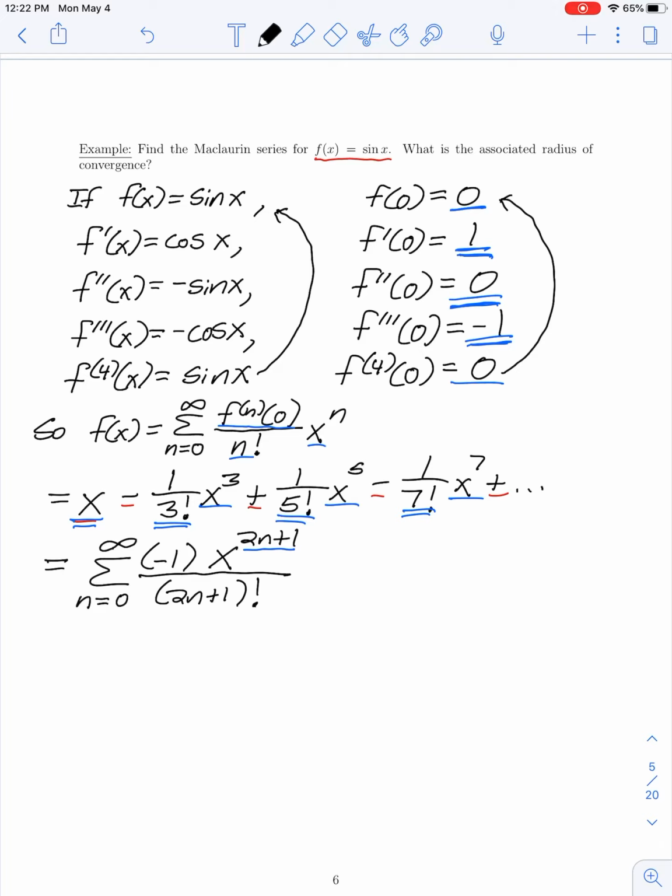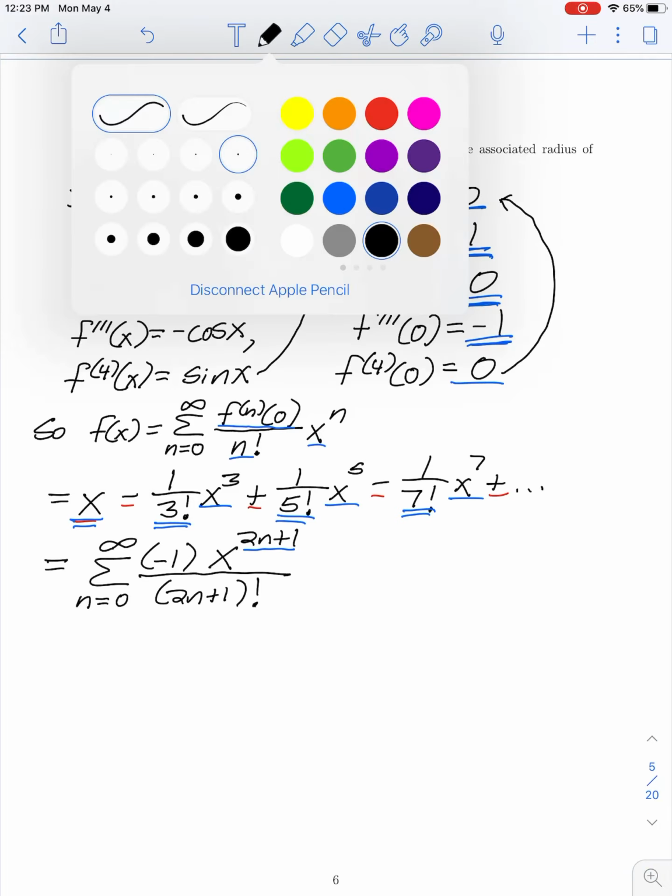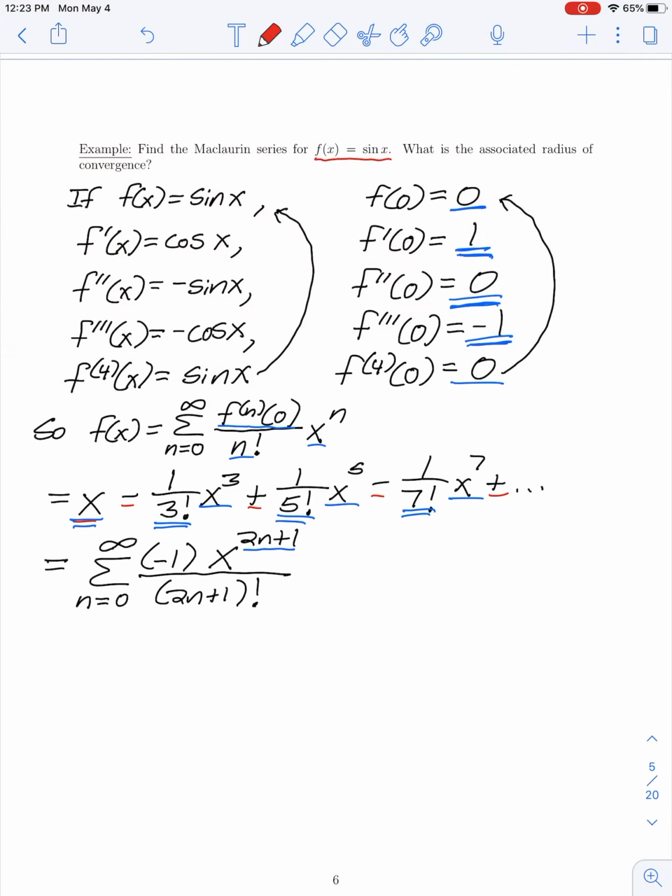So now, to capture this alternating sign a little more accurately, well, the first term that we had in our Maclaurin series was x to the first power. So if we're using the general expression x to the 2n plus 1, then that first term corresponds to n equals 0, so that we would have x to the first here.